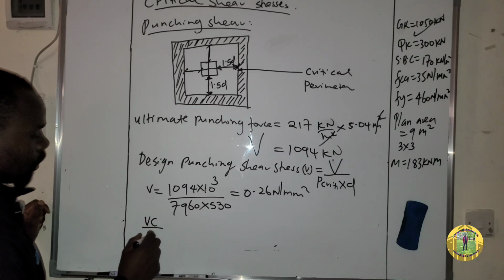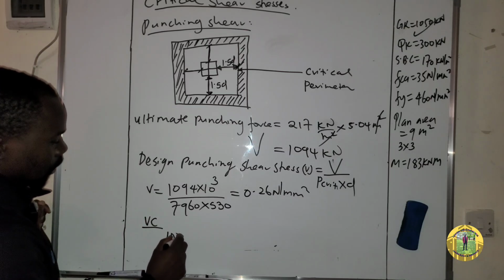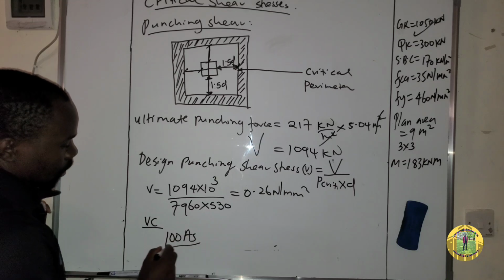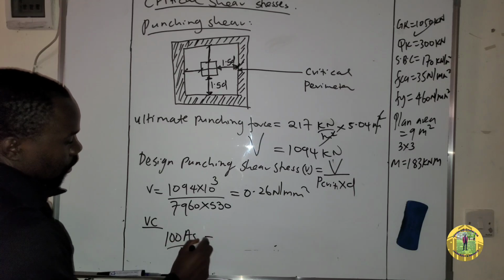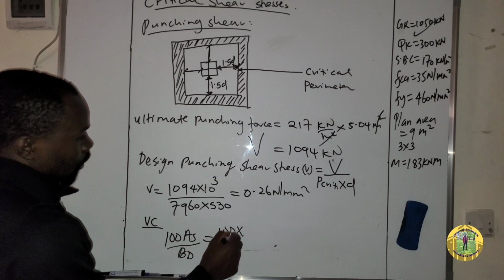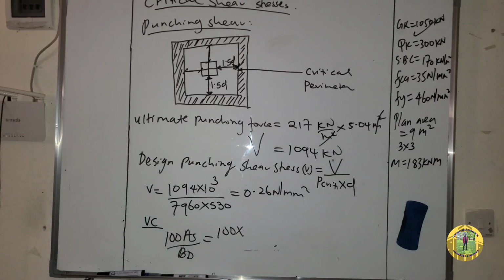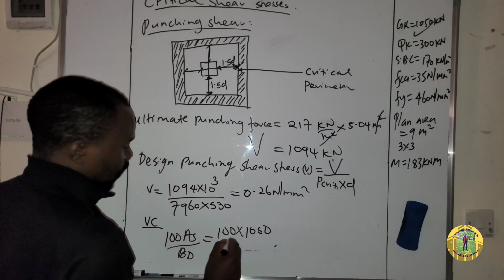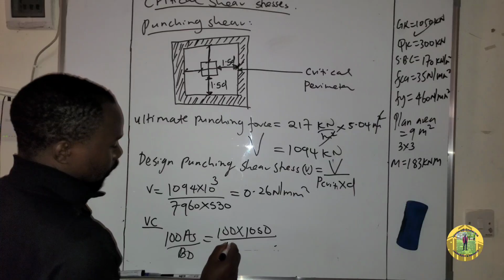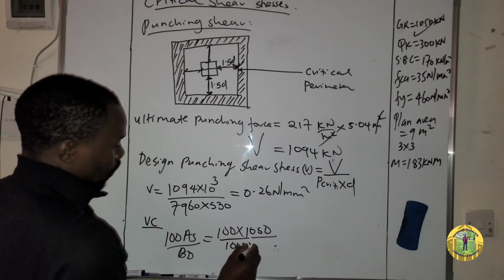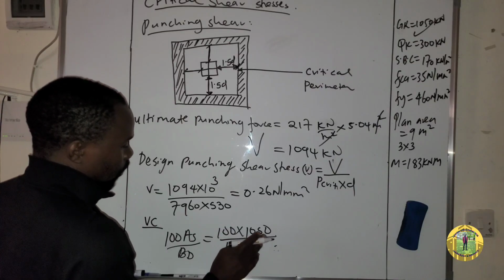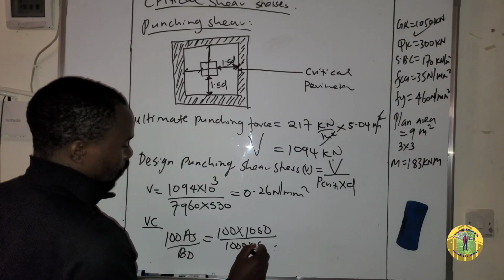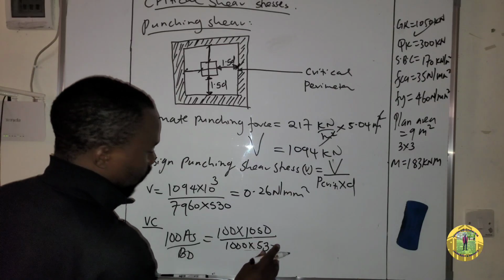To get the shear stress in concrete, we'll consider this formula: 100 As over bd. So 100 times the area provided, which is 1050, over b, which is 1000, times d, which is 530.